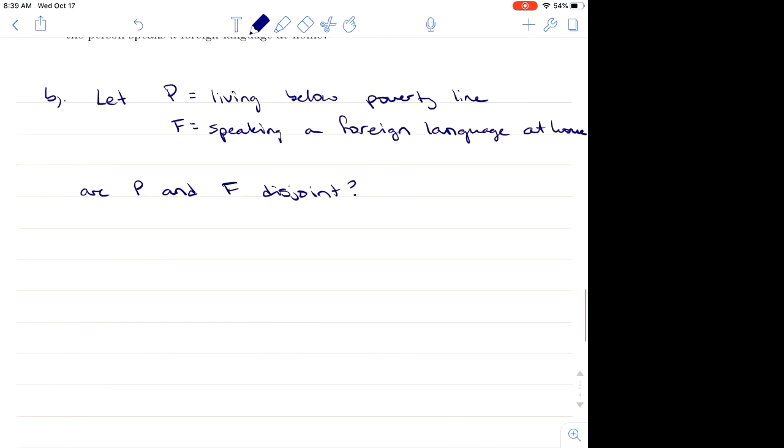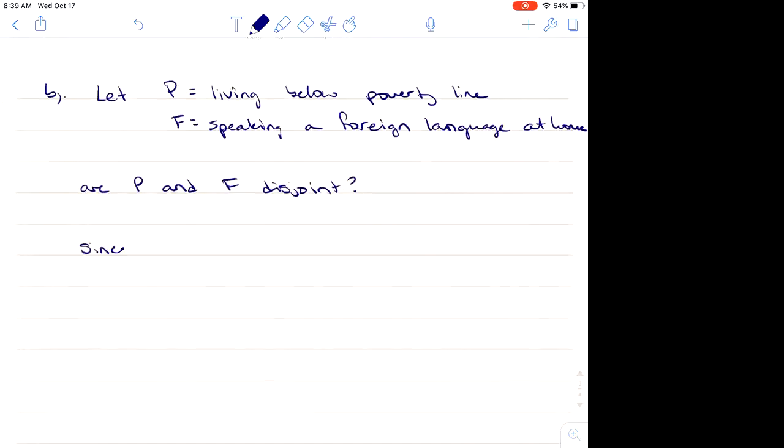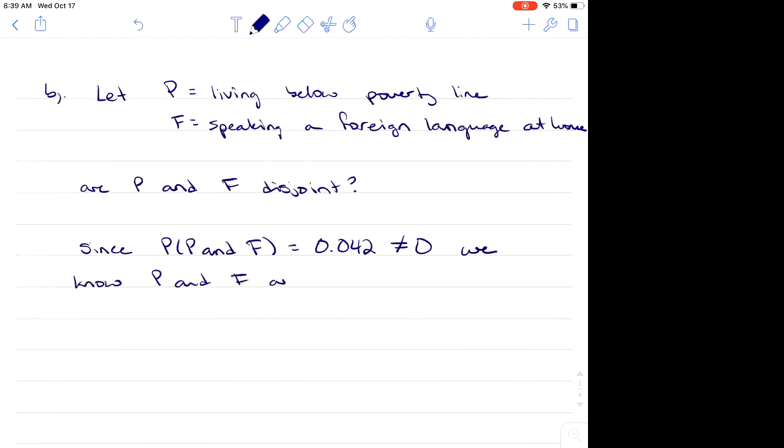So since the probability of P and F is 0.042, not equal to 0, we know P and F are not disjoint, right? If they were disjoint, the probability would be 0. Questions about that one?